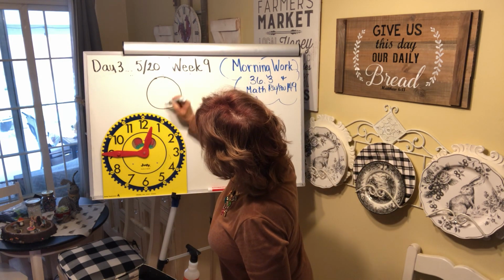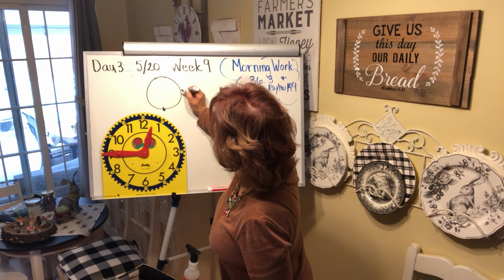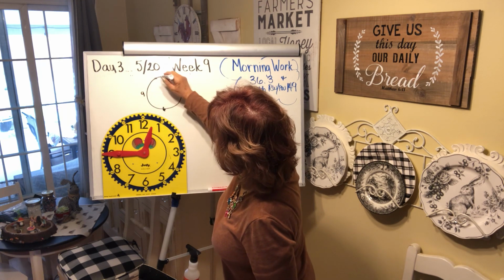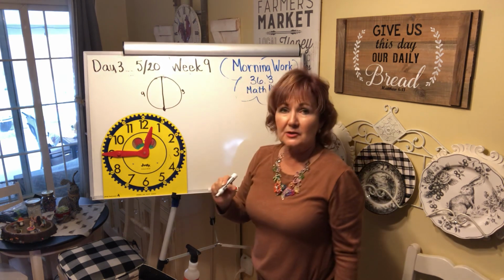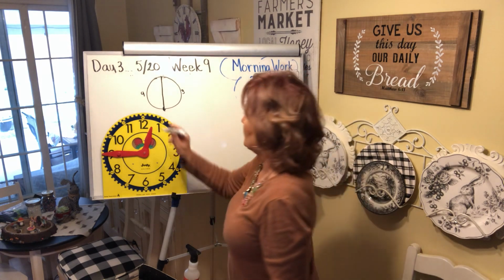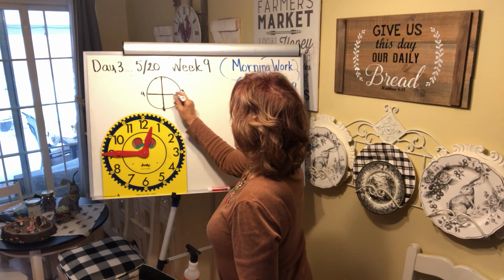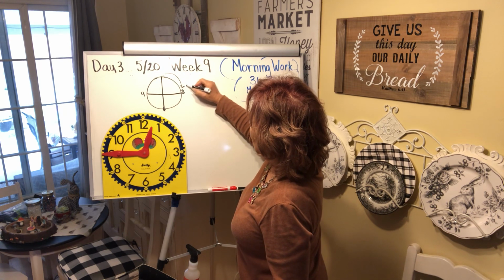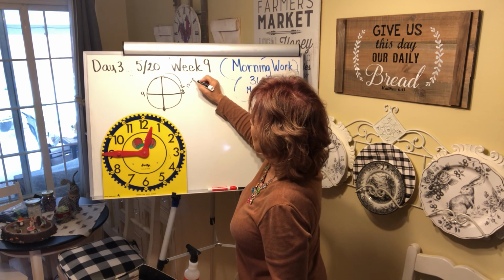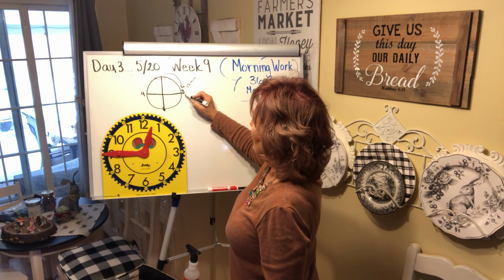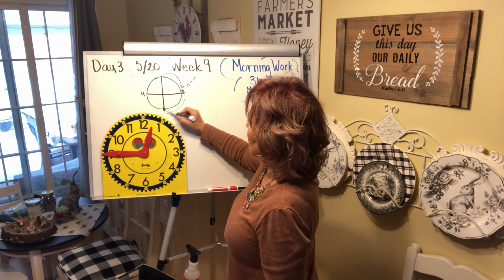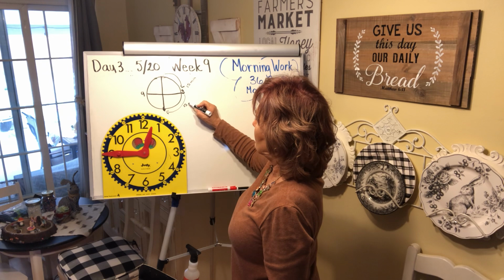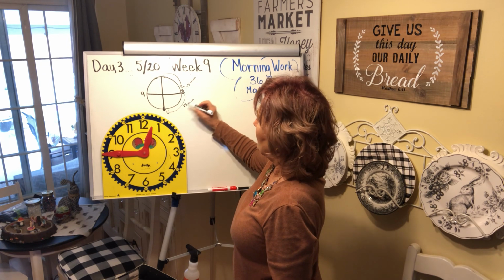Here's the 12, 6, 3, 9. If I divide this into quarters or fourths, then from 12 to 3 is a 15-minute or quarter. From 3 to 6 is another 15 minutes or a quarter of an hour.